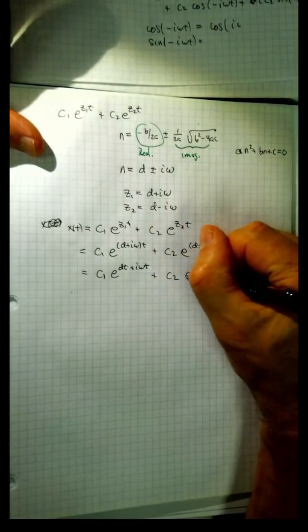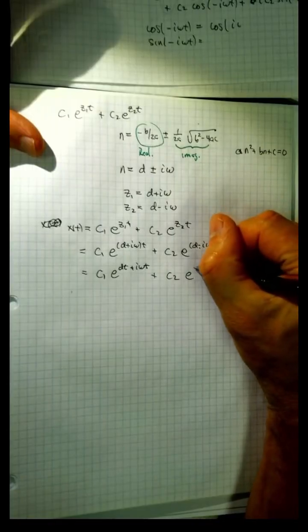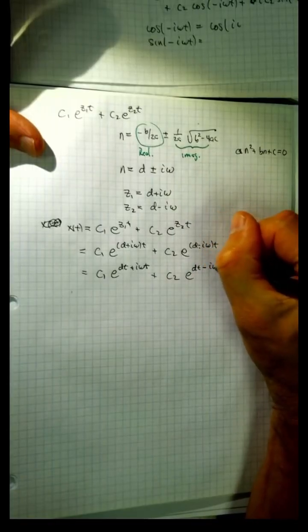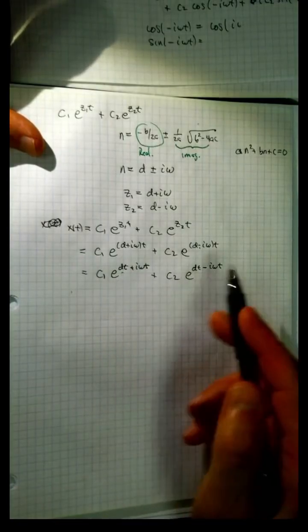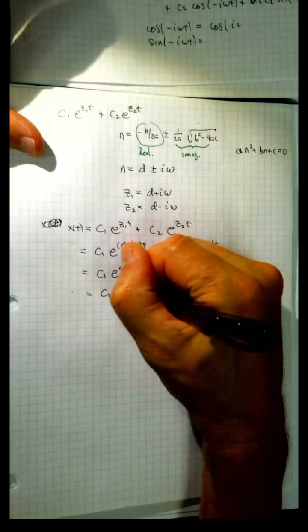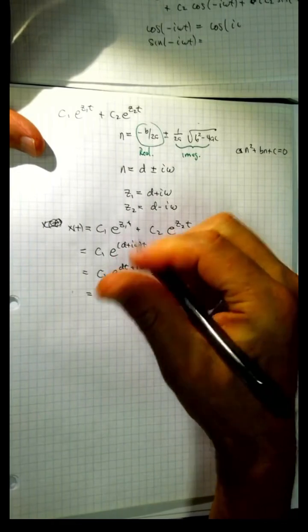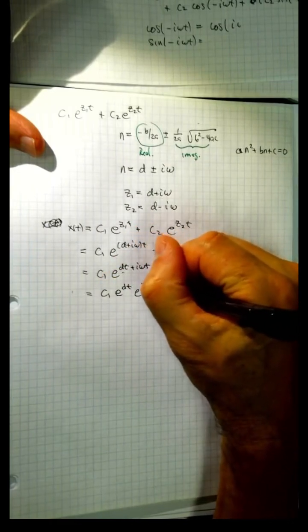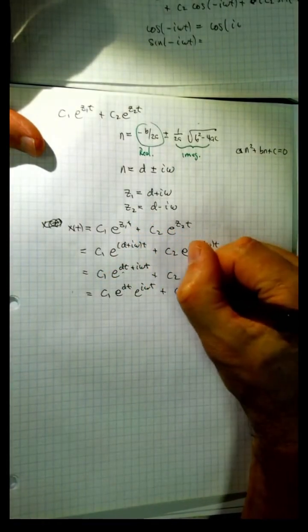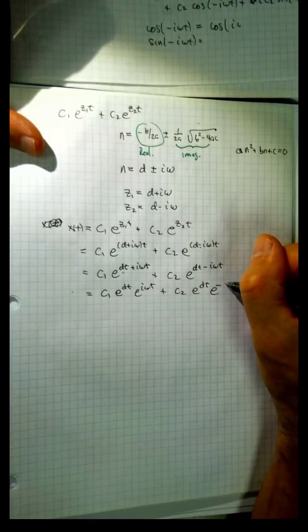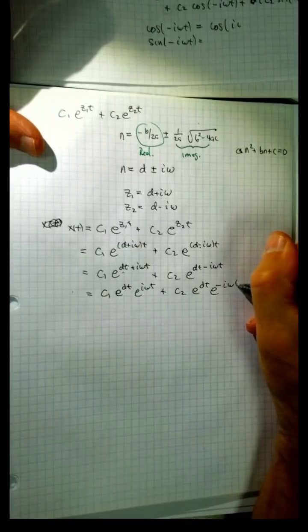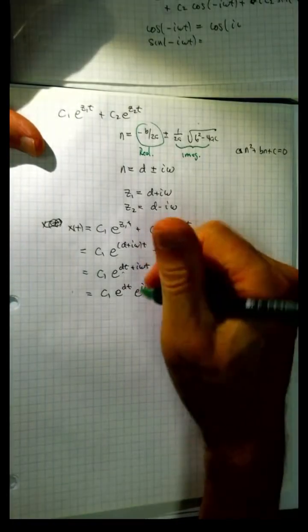And I'm going to do the same thing here, but I'm going to get dt minus i omega t. Since this is e to the something plus something, I can write this as the product of e to the dt times e to the i omega t. And here I can write this as e to the dt, but now this is going to be e to the negative i omega t.